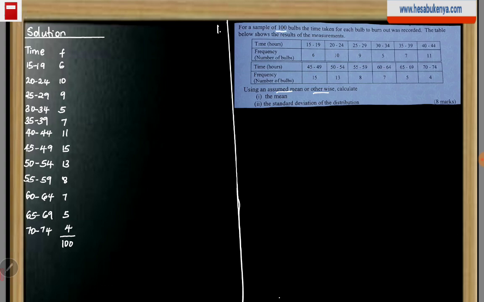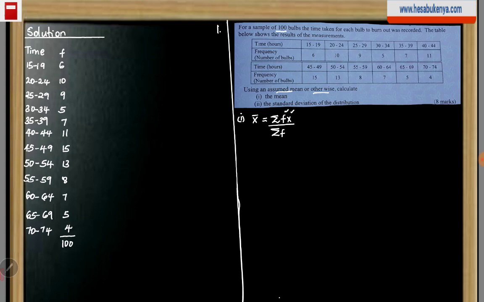Now, to answer Roman 1, we need to get the mean, which is represented by x bar, and the mean is given by summation of fx over summation of f. We already have the summation of f, or the sum of the frequency, which is 100, but we do not have the summation of fx.